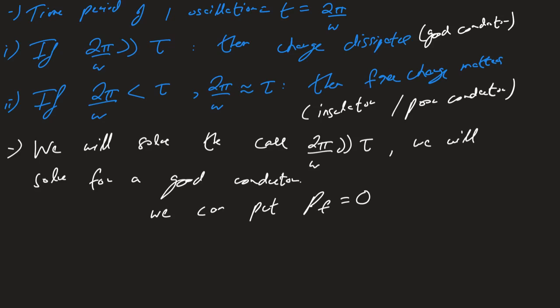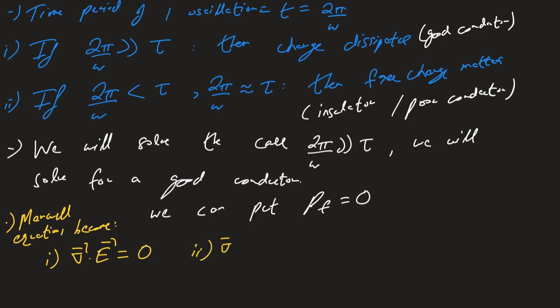So our Maxwell equations become, this is where it gets interesting. Well, del dot E is equal to 0, very convenient. Del dot B is once again 0.